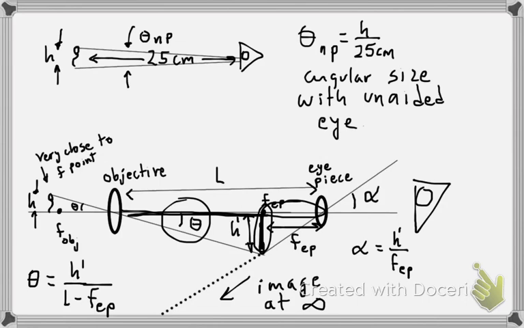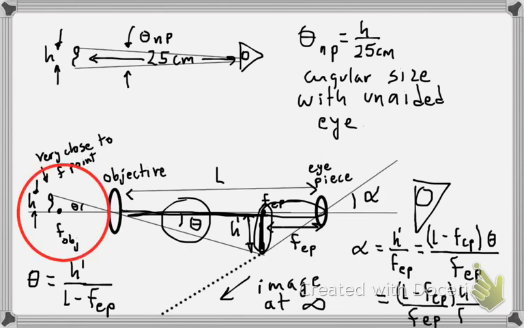So we can use theta in our equation for alpha. H prime can be replaced as L minus FEP times theta divided by FEP. Now theta can be expressed, as you can see inside the red circle.